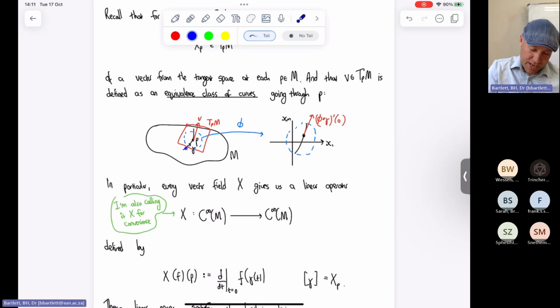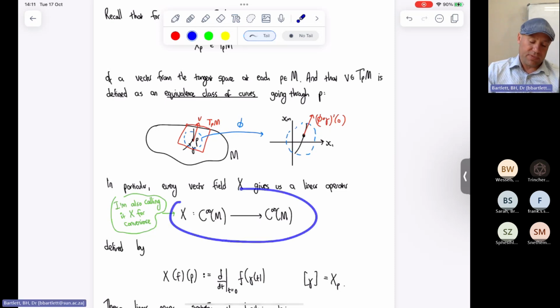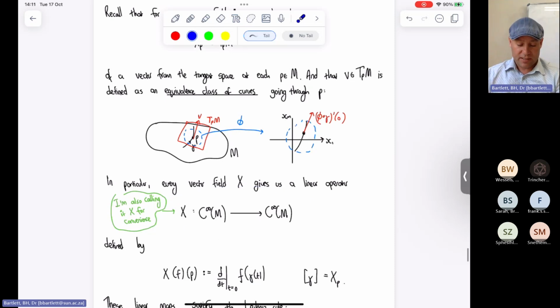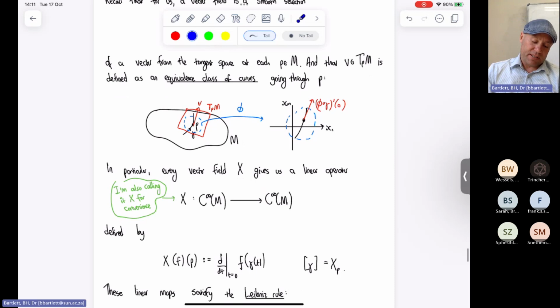So we're differentiating the function along this curve at t equals 0. And at each point P, we've got such a curve, and so we can differentiate the function along that curve. So that's how we get a map from functions to functions given a vector field in the sense that we defined it.